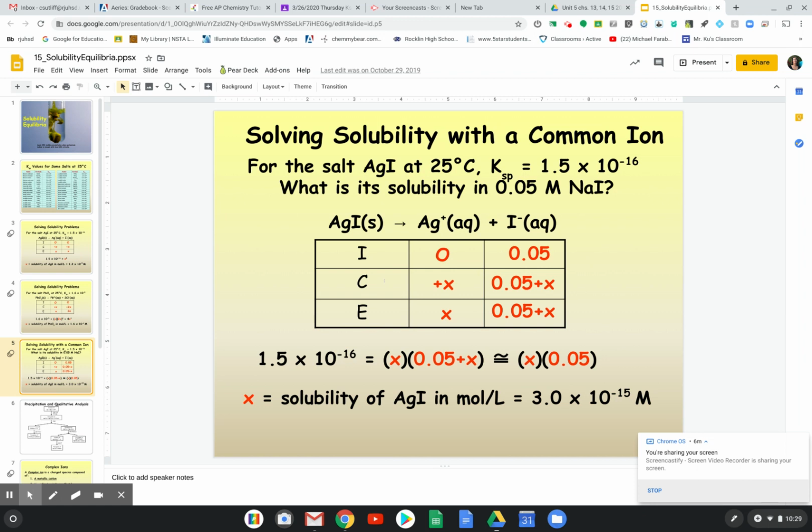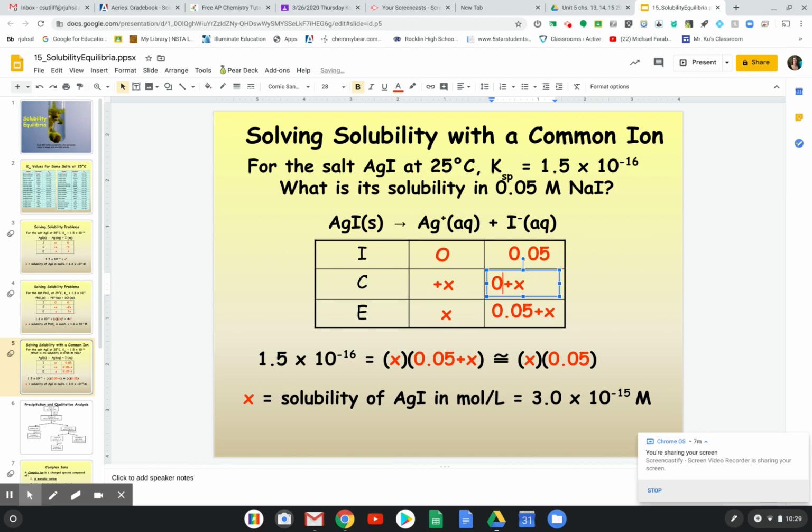I know that over time I'm going to add some silver, and I'm going to add some iodide ion to the initial, so that at equilibrium I will have x from 0 plus x giving me x, and then I will have 0.05 plus x. And this middle piece should have just said plus x here. And then I have 0.05 plus x. There we go.